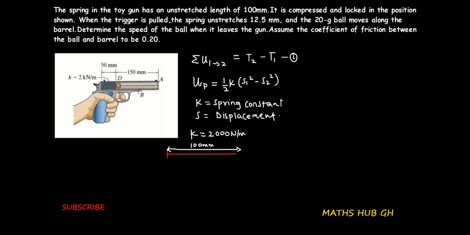Now it has been compressed to the position shown, which is 50 millimeters. So the new length that we have will be this length, which is the 50 millimeters. Let me write 50 millimeters here.